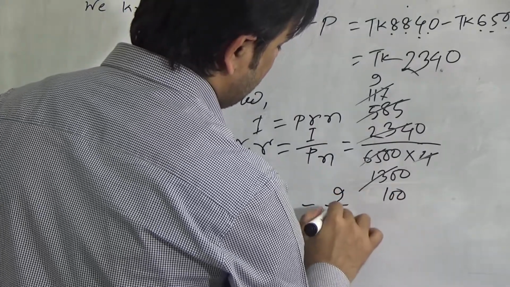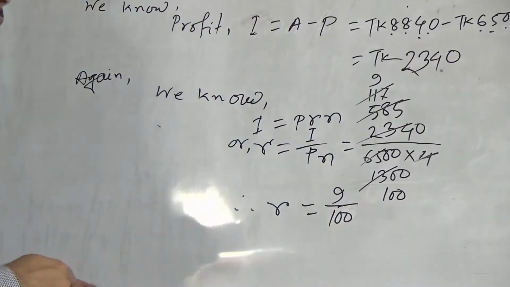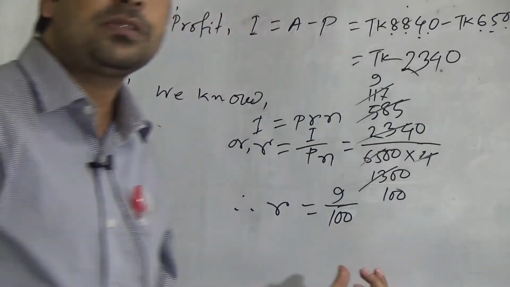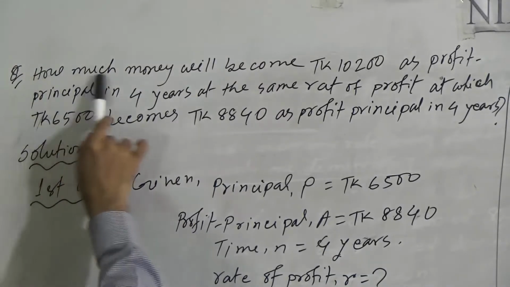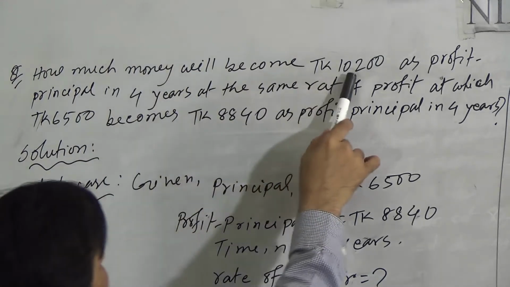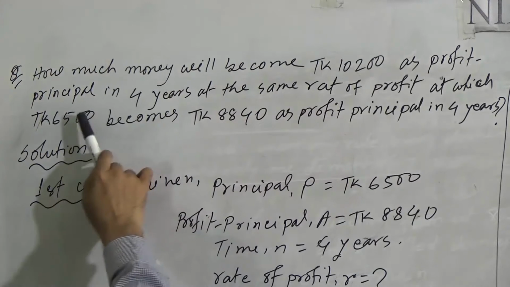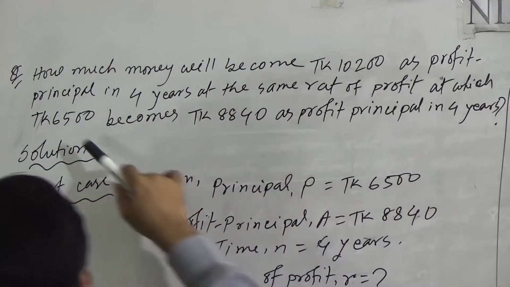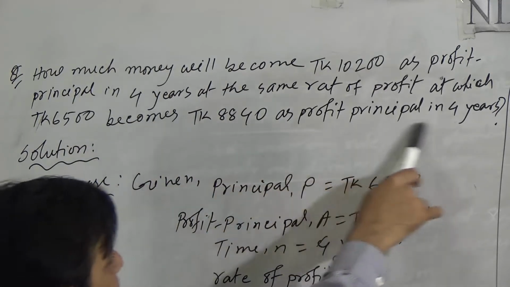As we need the value of R in the second portion, we do not need to convert this into percentage. Now go to the information in the question: how much money will become taka 10,200 as profit principal in 4 years at the same rate of profit at which taka 6,500 becomes taka 8,840 as profit principal in 4 years.